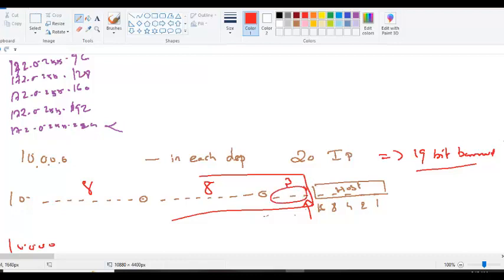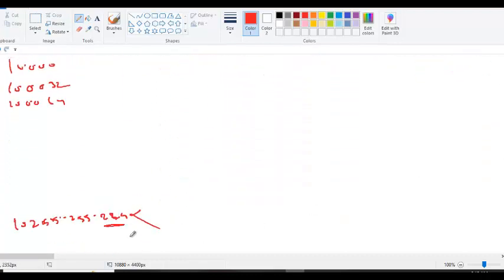10.255.255 dot. If you subtract 32 from here, you get 192.